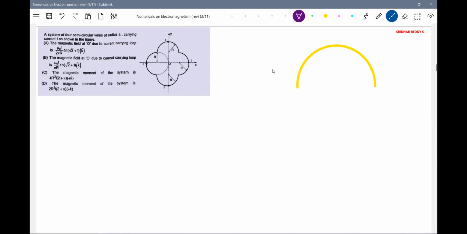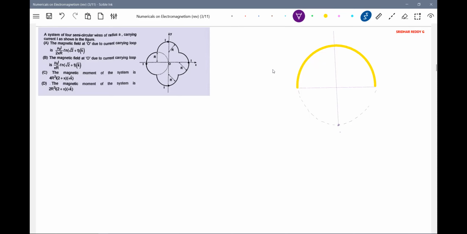So let this be the point. This particular point is on the circle itself, so you complete the circle. It'll be easier. So this is the point where we are supposed to calculate.